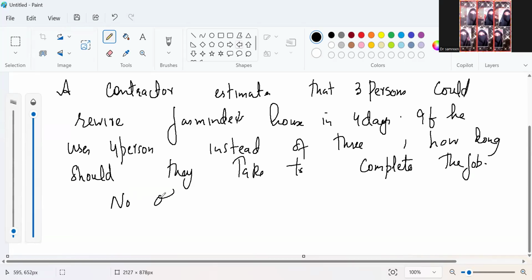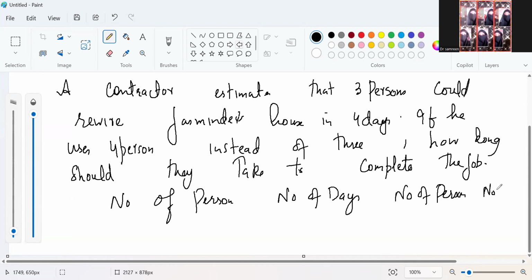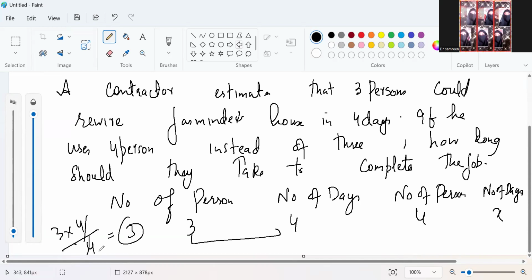Number of persons, number of days. Three persons, 4 days. Now, if he uses 4 persons instead of this, now we will do it. So it will be 3 days.